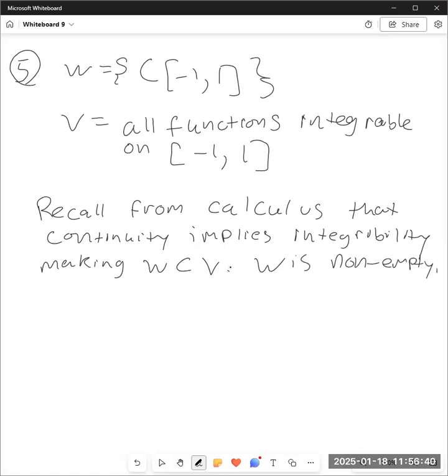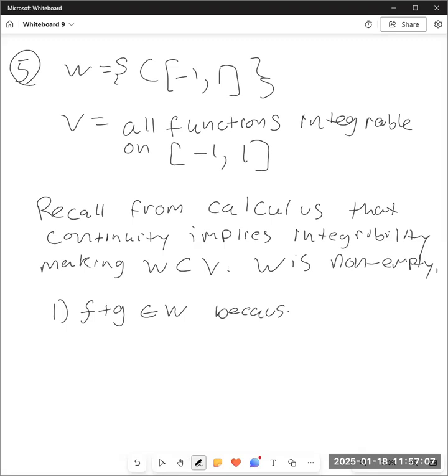So we just need to show that, one, if I have F plus G, it is in W. So let's think about that. If I have a sum of continuous functions, is that continuous?